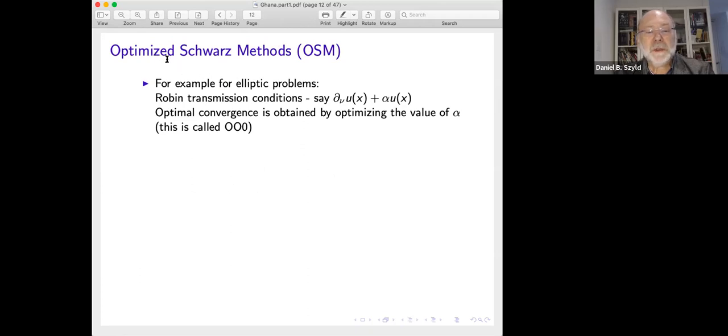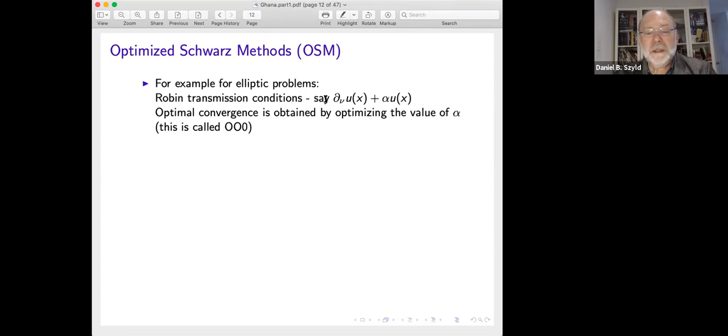Okay. Now, what are optimal Schwarz methods? So in the picture that we saw, we invent boundaries. We call them artificial boundaries. And some people say, why, if we invent the boundary, do we have to have a Dirichlet condition? This is not a natural boundary. It's an artificial boundary.